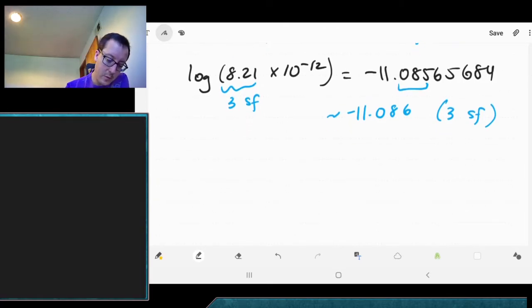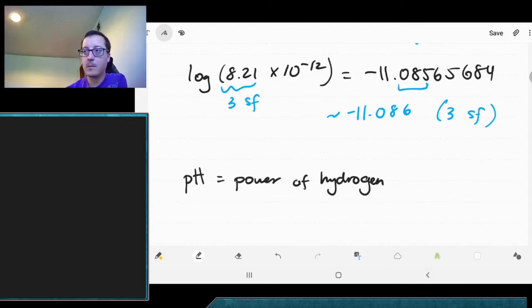We're going to see that we use something called pH a lot. It stands for power of hydrogen. Like 10 to the power of, that sort of power, not like, what is power? Joules per second, so energy over time.